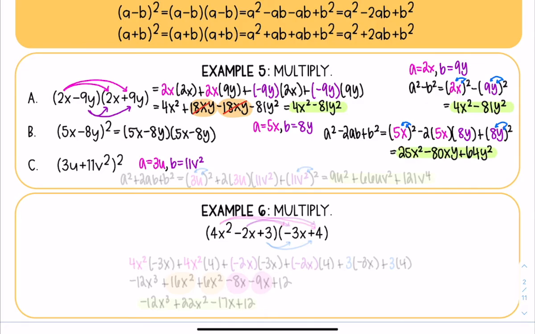We should be getting a squared plus 2ab plus b squared, which is just 3u squared plus 2 times 3u times 11b squared plus 11b squared squared.